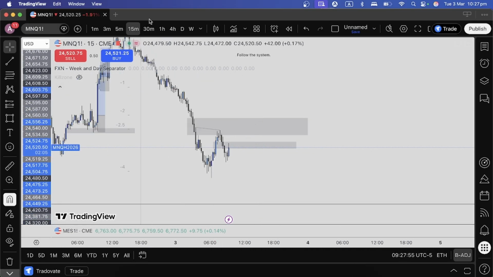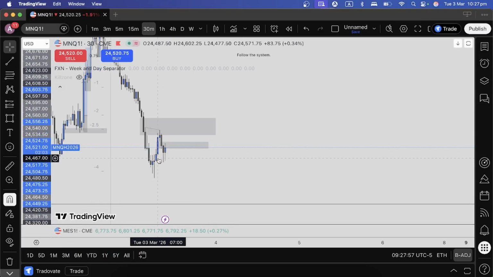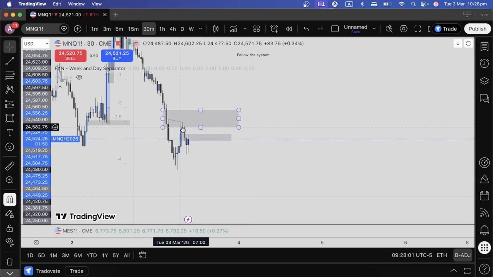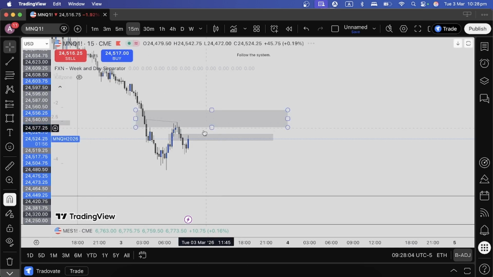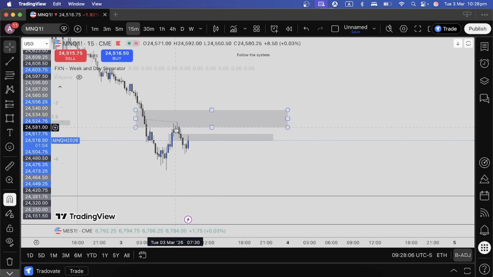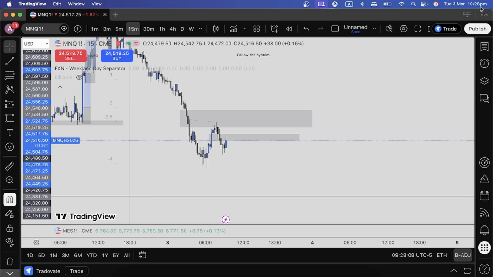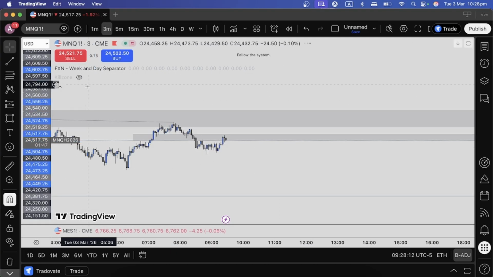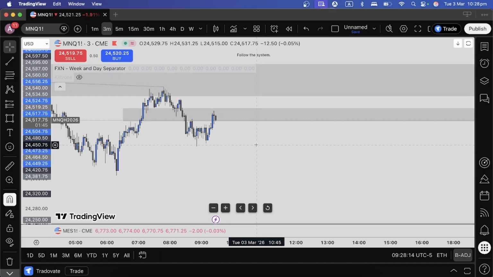So I need it to do something like close strongly above this bearish fair value gap. I need it to have at least a 15-minute change in the state and close above all of these down close candles, which it looks like it's not going to. So I am probably going to be more short biased today.